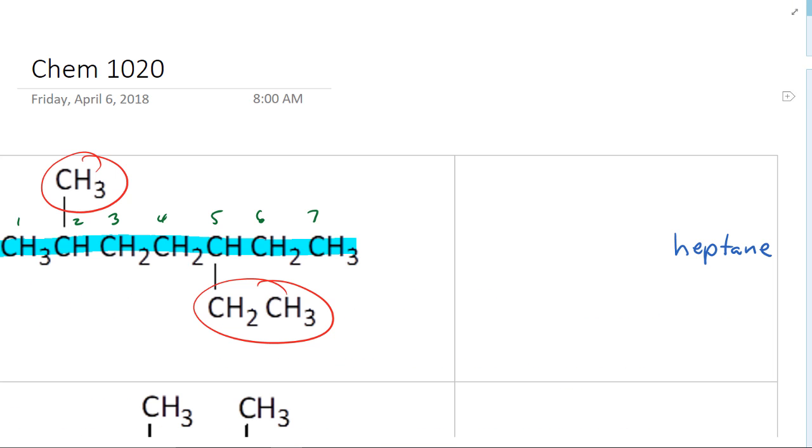So if we were to do these in order, which of these two is going to come first? Methyl or ethyl? Ethyl will come first. Okay? So alphabetically, ethyl comes first. So we're going to write that out here. Ethyl is going to come before methyl. And I'm leaving a space here now between ethyl and methyl.